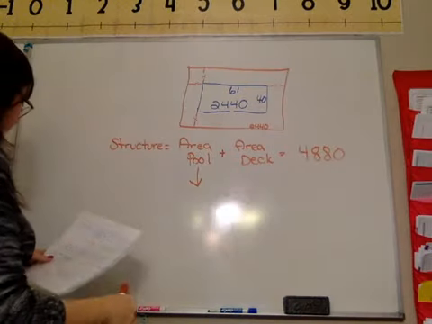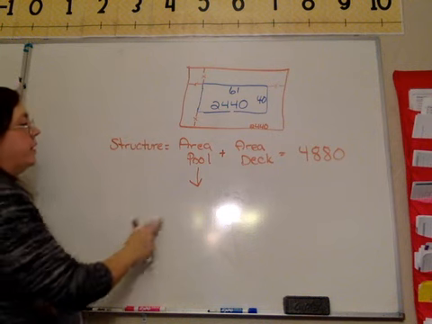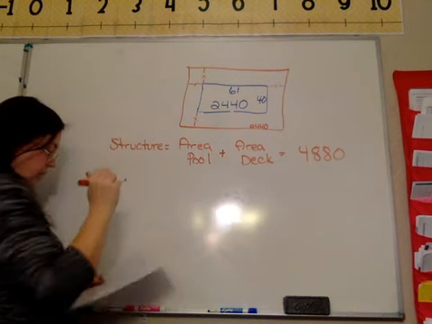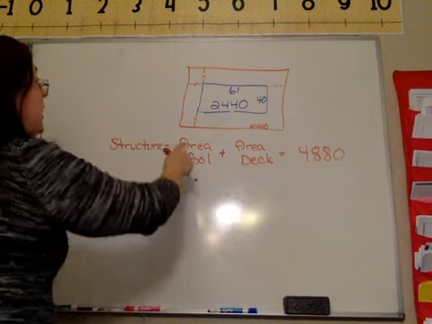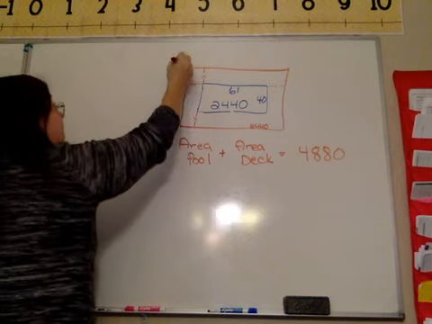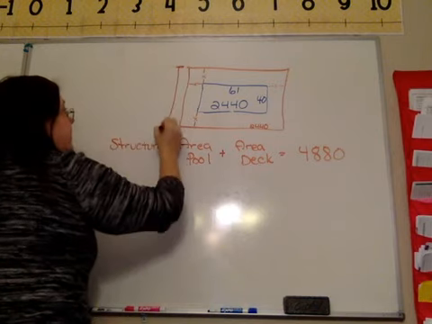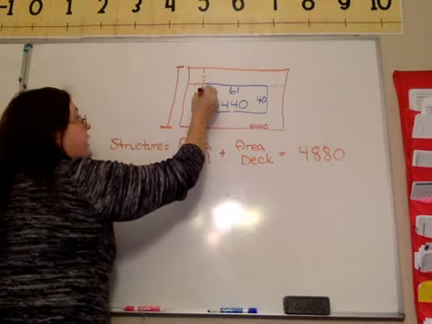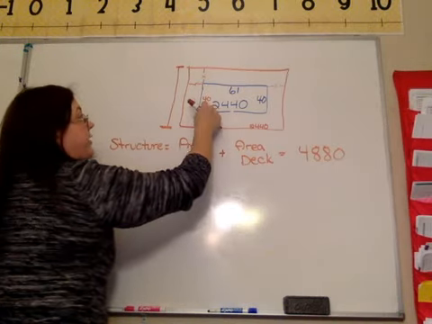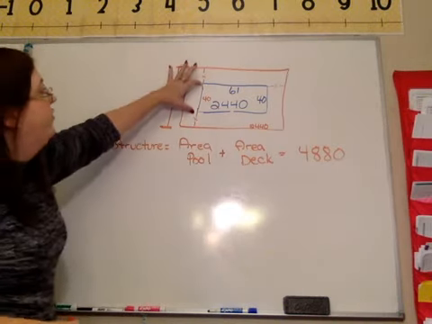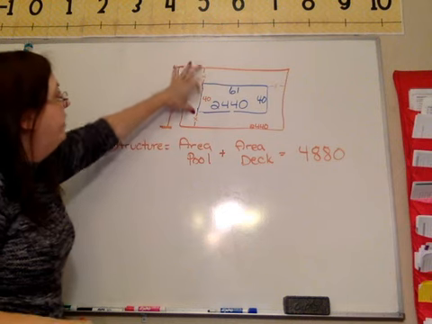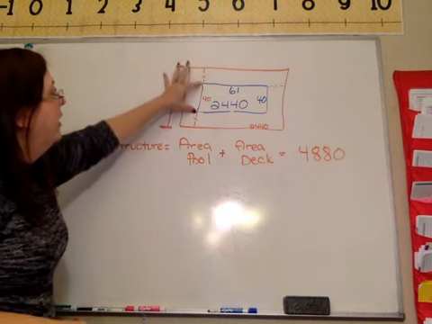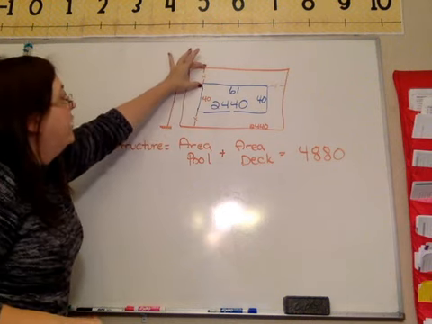So let's talk about that. What does that mean? If we want the whole structure, let's look. If we wanted to find out the side length to this side, we know the pool is 40, the width on this side. But it's not just 40. We have the width of the deck. Okay? We have this width, and then we have this.